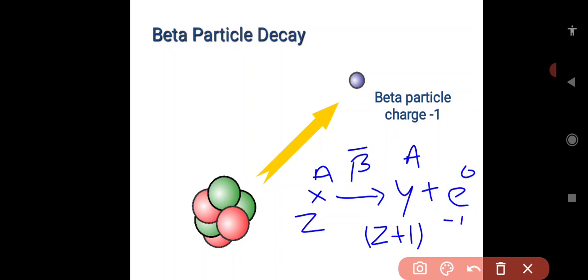This means that in the spontaneous decay process the mass number remains constant, there is no change in mass number, but the atomic number Z changes by plus 1. This process is called beta decay. The active nuclei range from 0 seconds to 10 power 18 years.